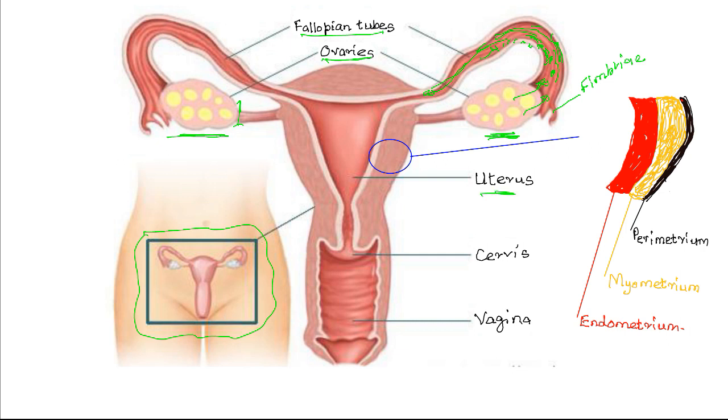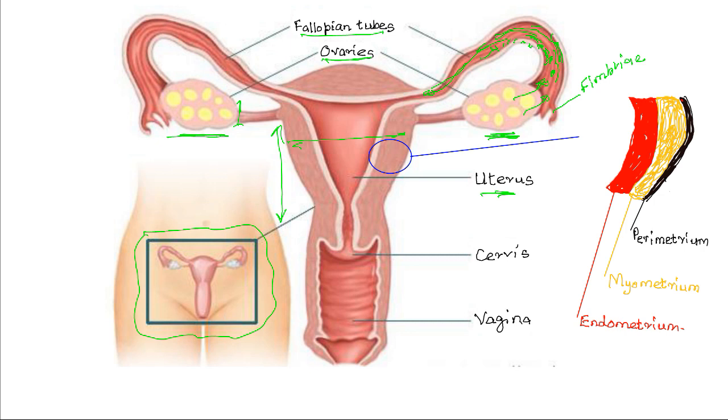The uterus is a thick-walled muscular organ that is about 5 to 7 centimeters long and about 5 centimeters at its widest. It is about the size and shape of an inverted pear.